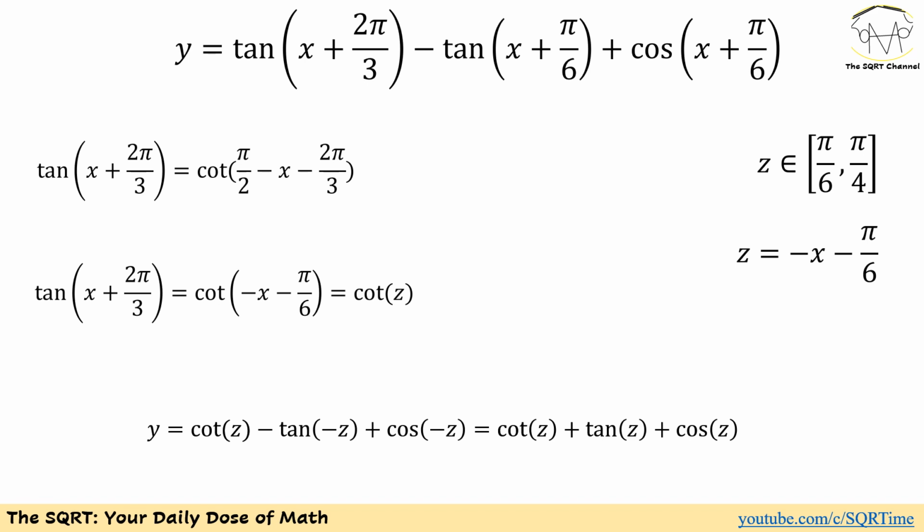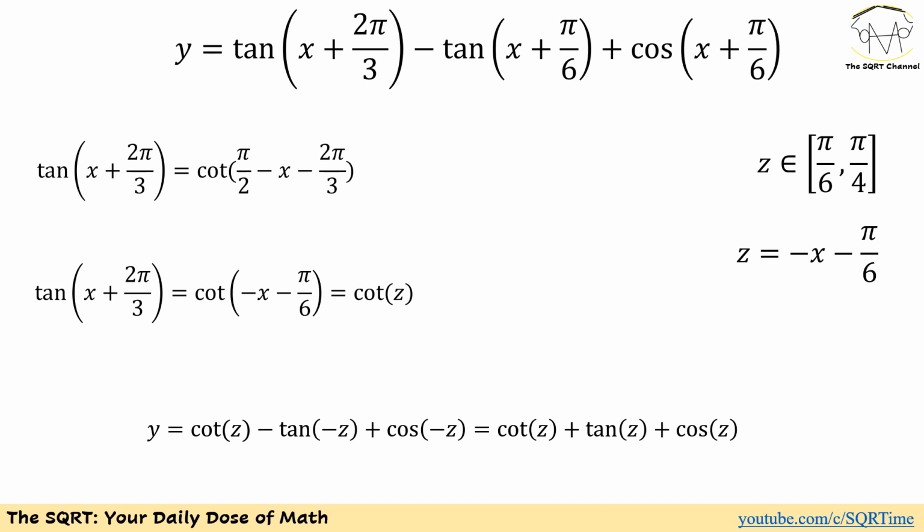You will see that at the end we will replace everything with cotangent of negative x minus pi over 6, which is basically the z variable that we defined. Altogether, we have cotangent of z. Interestingly, the whole expression now can be replaced with cotangent of z plus tangent of z plus cosine of z.